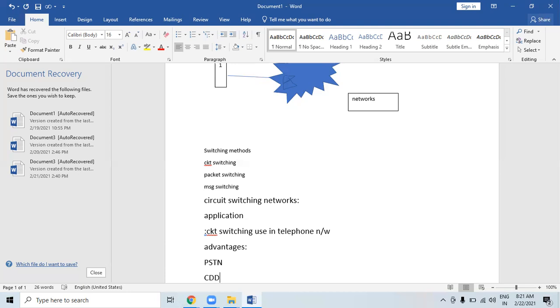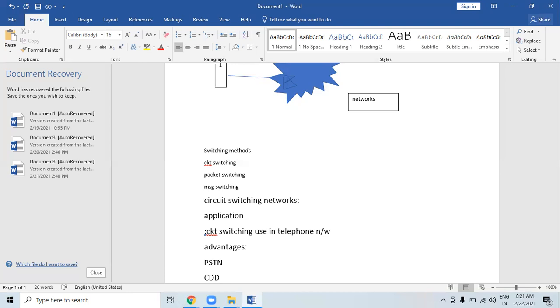Then advantages of it: it provides efficient traffic management by assigning priorities to the messages to be switched. It reduces network traffic congestion because it is able to store messages until the communication channel becomes available. With message switching, the network devices share the data channel. It provides asynchronous communication across time zones.